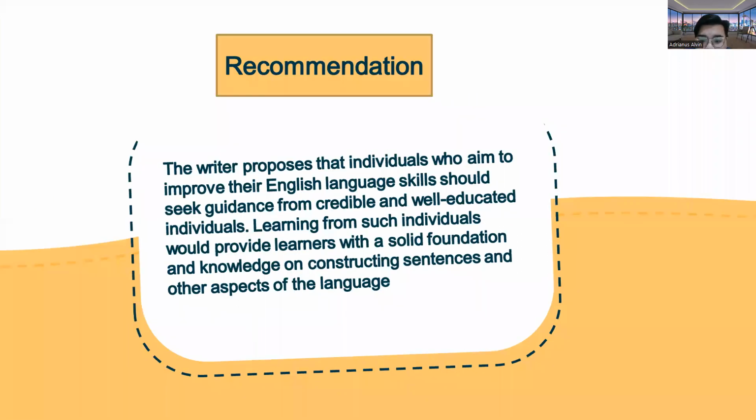And for the recommendation, the writer proposes that individuals who aim to improve their English language skills should seek guidance from credible and well-educated individuals. Learning from such individuals will provide learners with a solid foundation and knowledge of sentences and other aspects of the language, and learners will develop the ability to identify and recognize errors without being native speakers.